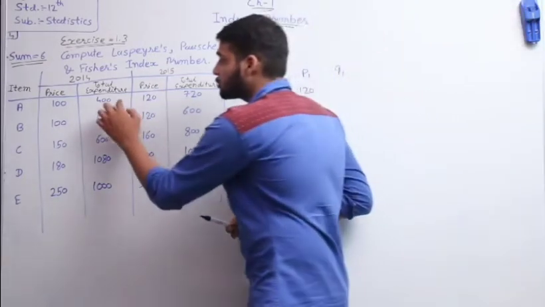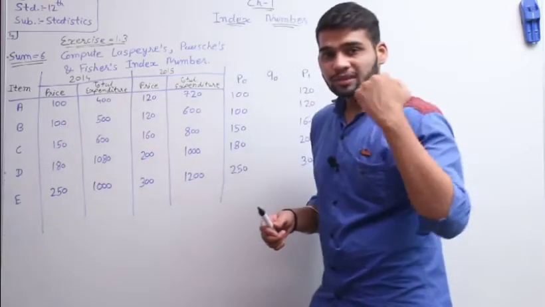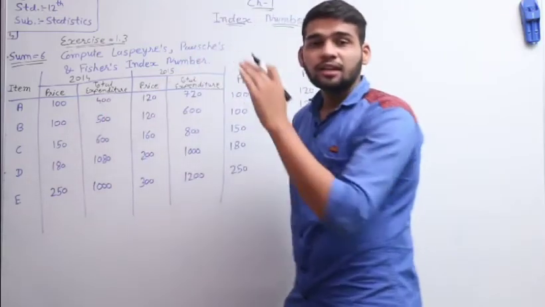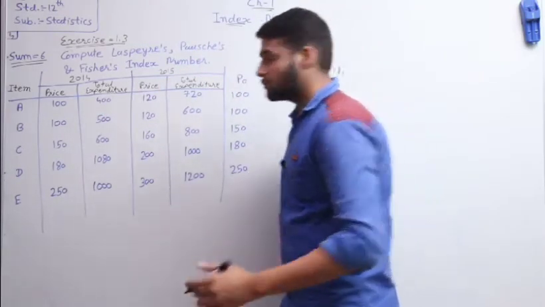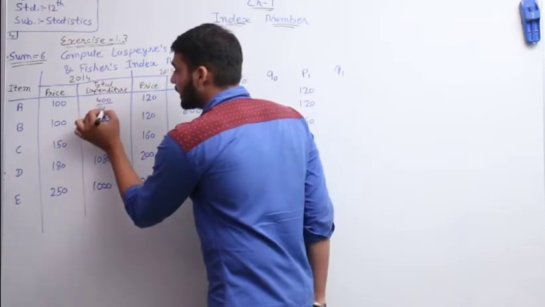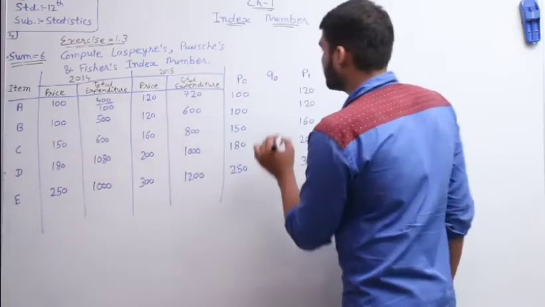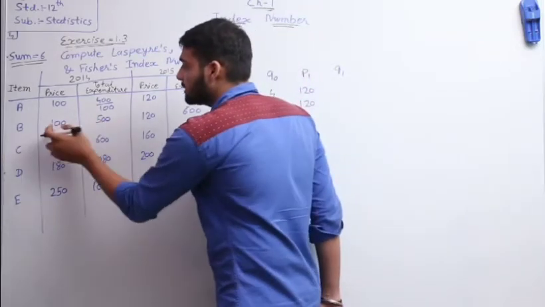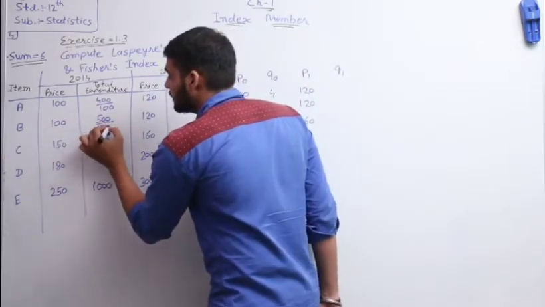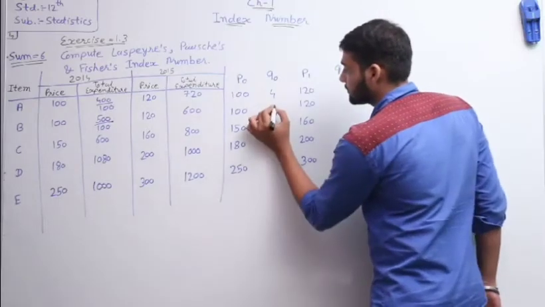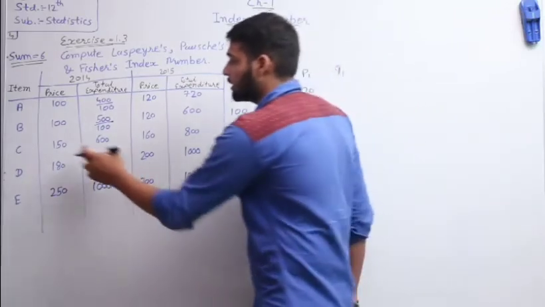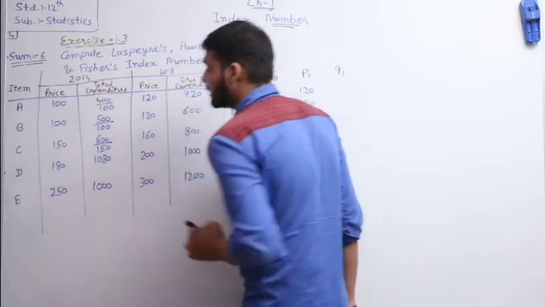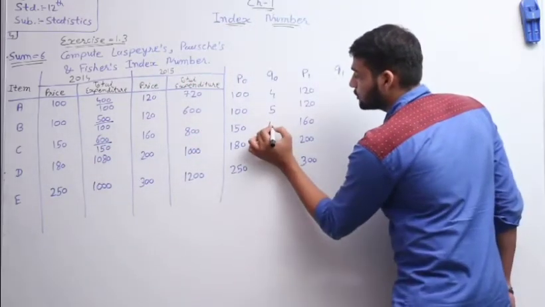This is the total expenditure, and from it we have to find the quantity. So total expenditure divided by price. 400 divided by 100, so the answer is 4. Then 500 divided by 100, so the answer is 5. Then 600 divided by 150, so the answer is 4.